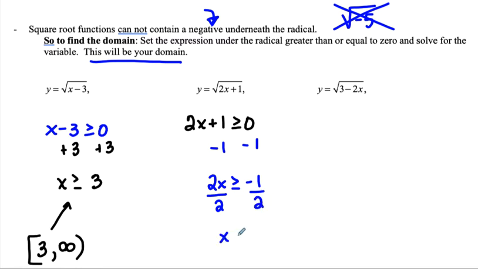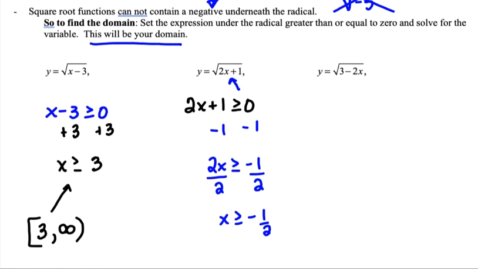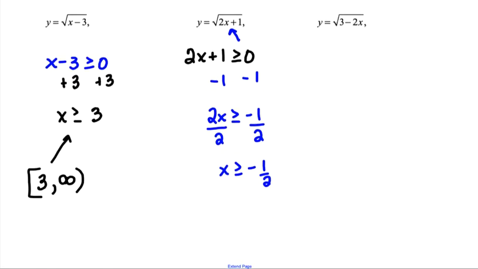So x needs to be greater than or equal to -1/2 in order for the value under the radical to be a positive number. How would we write that using this new thing called interval notation? We would write a hard bracket, -1/2, comma, infinity, parenthesis.